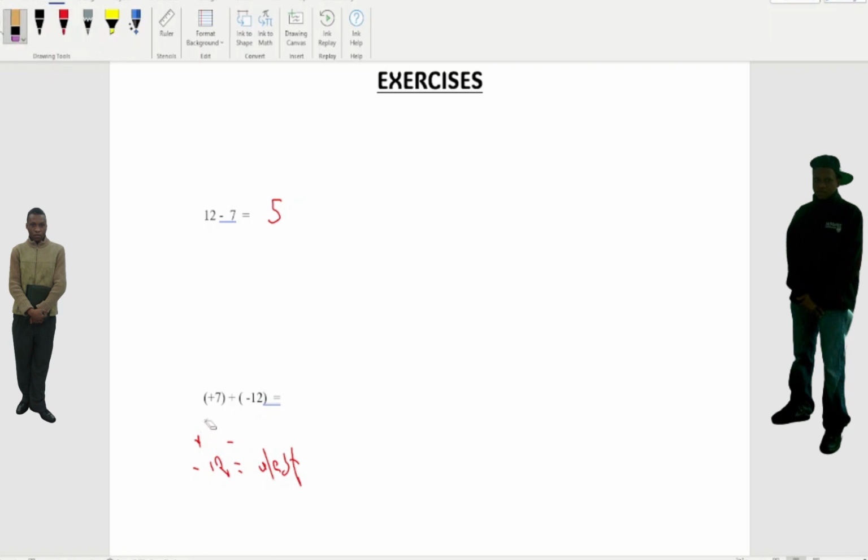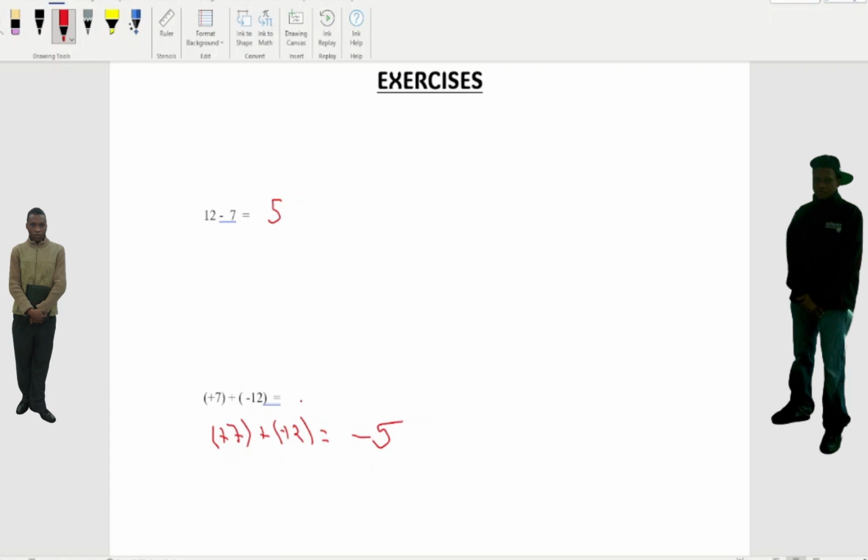Okay, so this is how we're gonna do it. 7 plus 7, this is the plus, and here the 12, so this one is minus 12, equal minus 5.